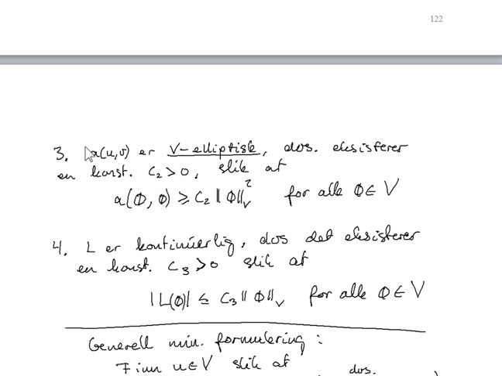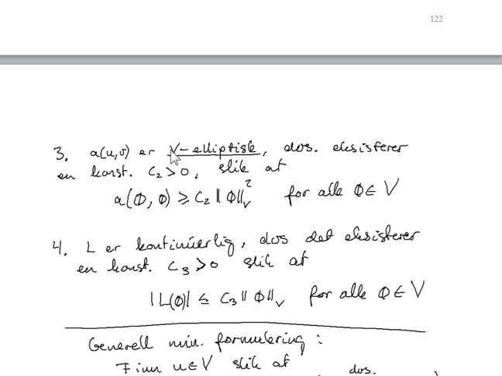Moreover, we have some other complicated property. A of u, v should be V elliptic. Recall that V is just the symbol for our Hilbert space.